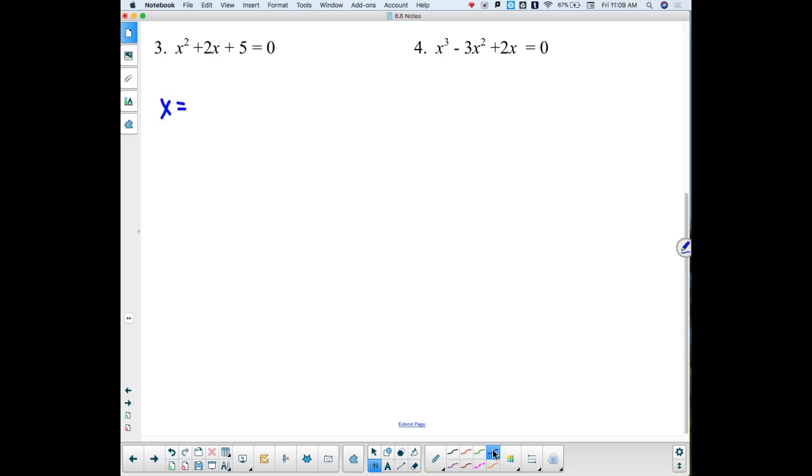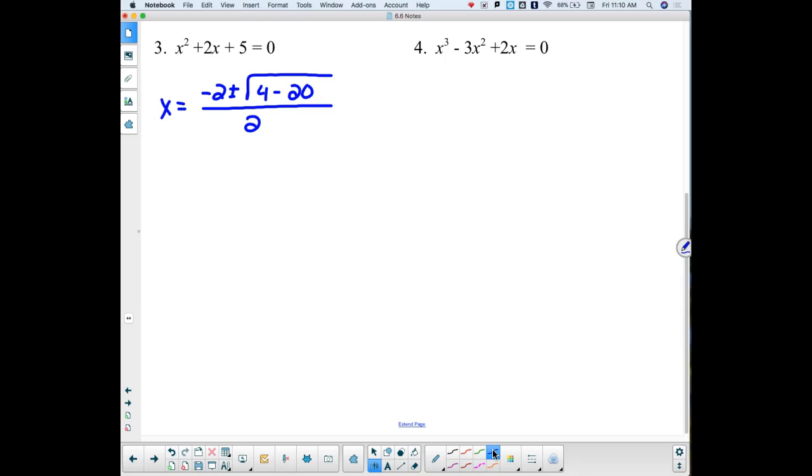Quadratic formula. X is going to equal the opposite of b plus or minus the square root of b squared minus 4 times a times c, all over 2 times a. Right?